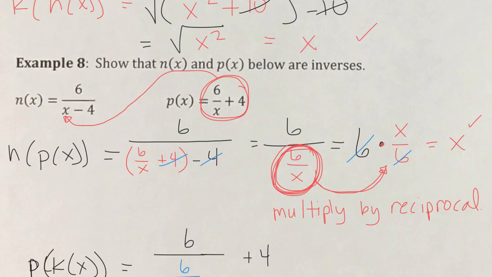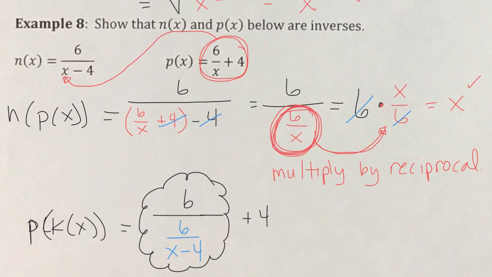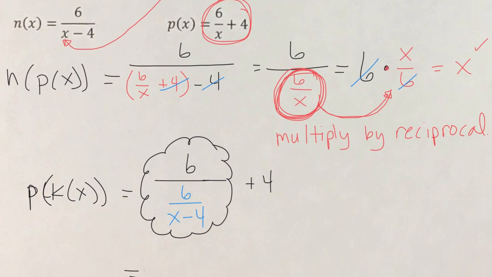So here's our other one, and notice we have that same thing going on here, a number divided by a fraction. So instead of dividing by a fraction, we're going to multiply by its reciprocal. So to multiply by x minus 4 divided by 6. Right?